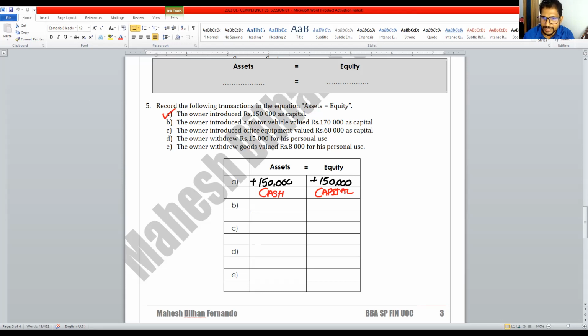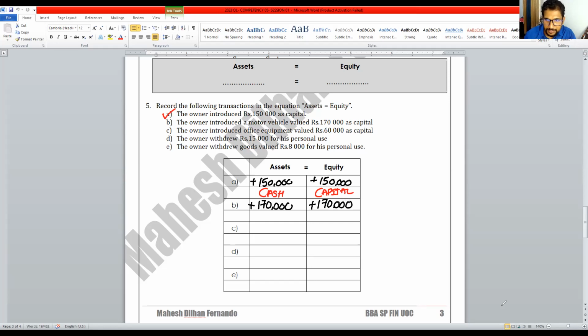Transaction B, who can guess? What increases as a result of the second transaction? What happens in the accounting equation first? The owner introduced a motor vehicle valued 170,000 as capital. From the business's viewpoint, assets increased by 170,000, and so did the equity, 170.